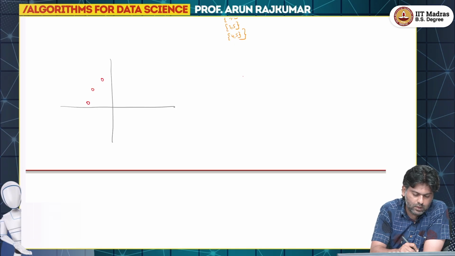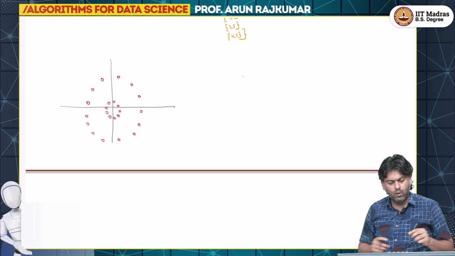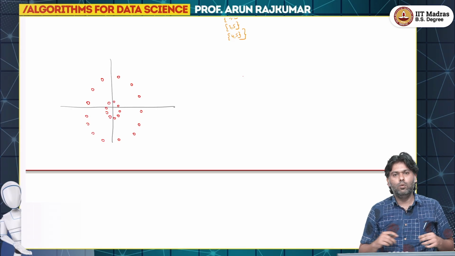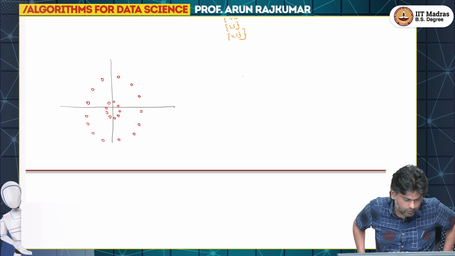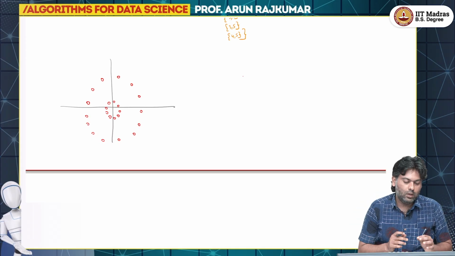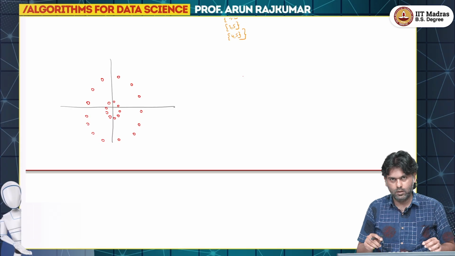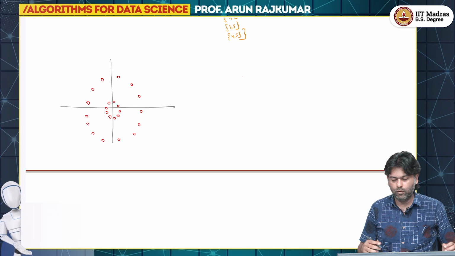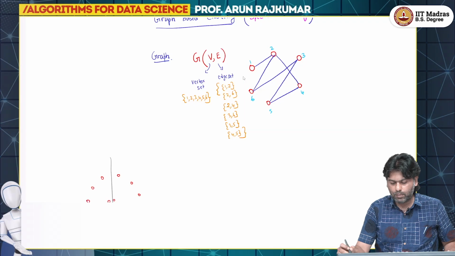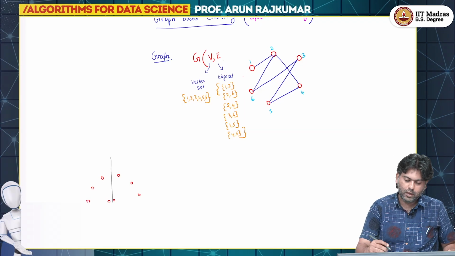Think of these as nodes or vertices. Each data point is now a vertex, and there is an edge that connects every pair of nodes, and sometimes what I might also want in addition to the edges is the weights.